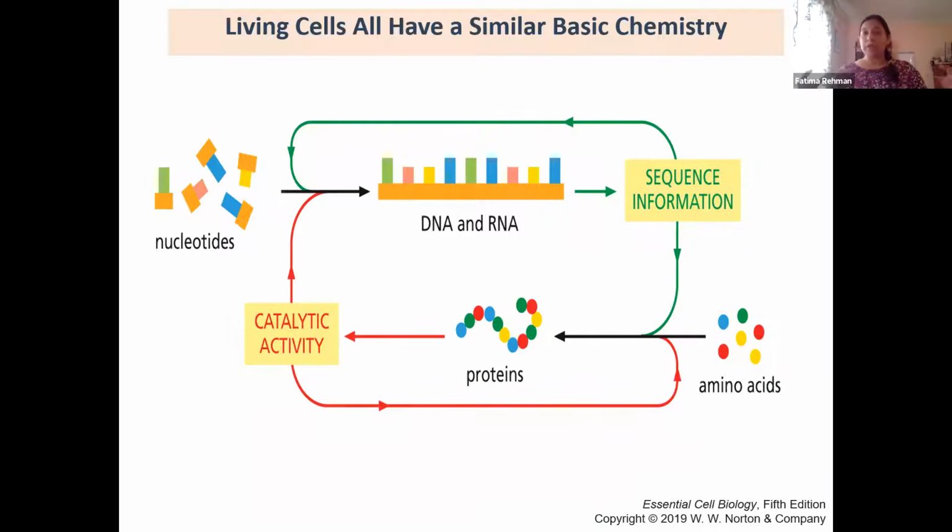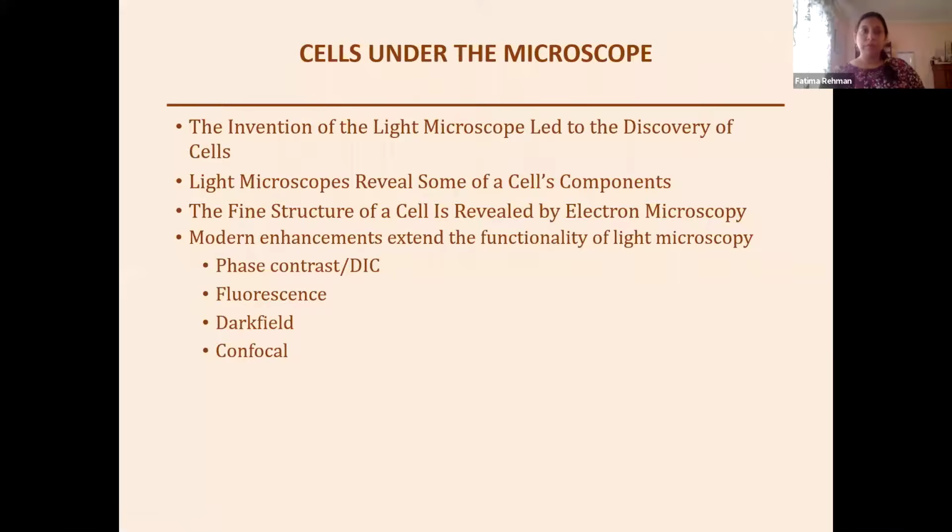And that instruction code is used to create worker molecules in the form of proteins that are composed of individual units called amino acids. And those proteins are then what makes us who we are, makes us look the way we do, makes us work the way we do, and perform the functions that we do.